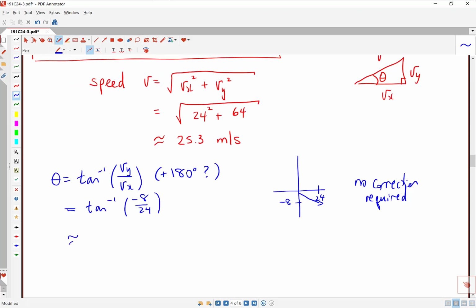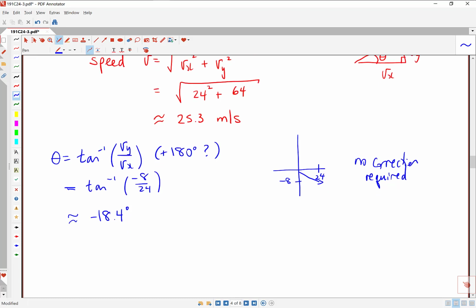Putting that into our calculator, we get about negative 18.4 degrees, and that seems reasonable according to our sketch. So you could just leave your answer like that, or you could say something in words to summarize it. You could say your velocity equals 25.3 meters per second at negative 18.4 degrees.